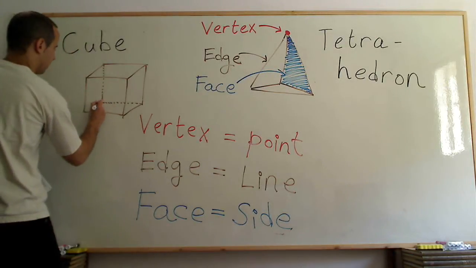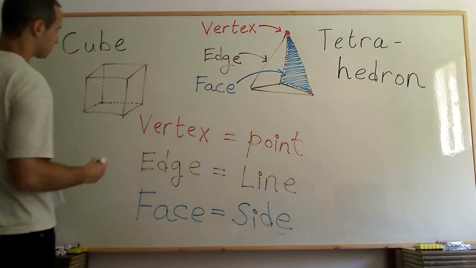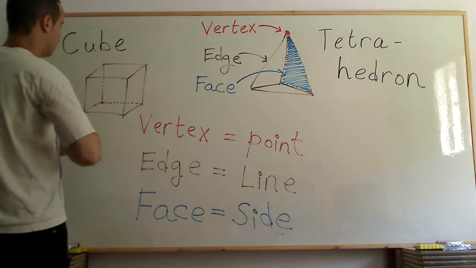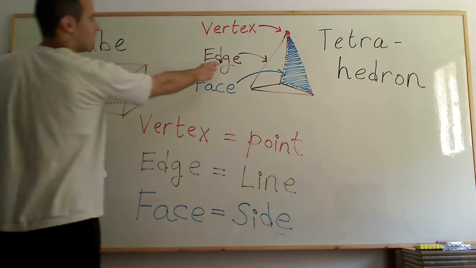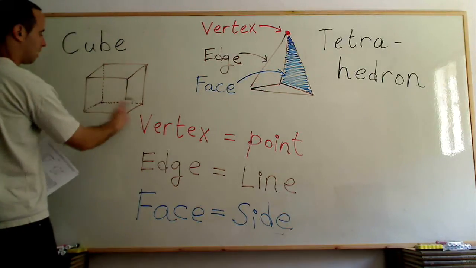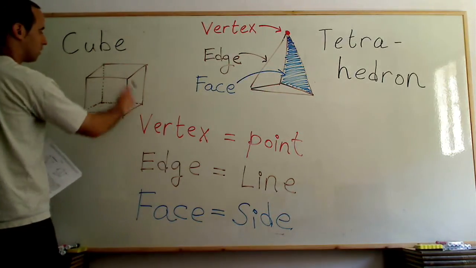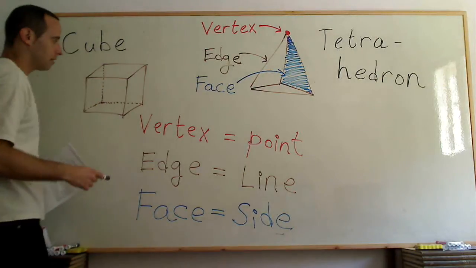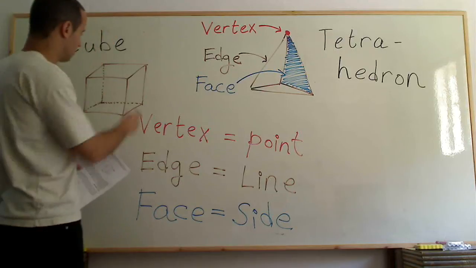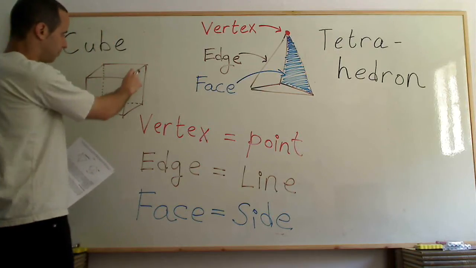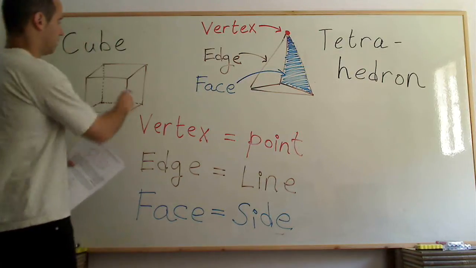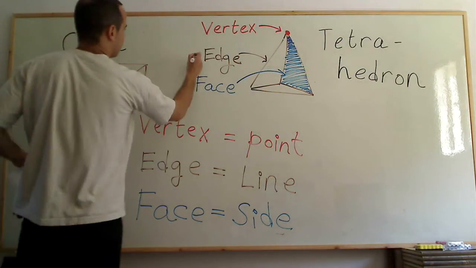I'm not much of a painter, but this is a cube. So a cube has how many edges? 1, 2, 3, 4, 1, 2, 3, 4, and 1, 2, 3, 4. It has 12 edges. 4, 4, and 4. 12 edges, and each one is an edge.